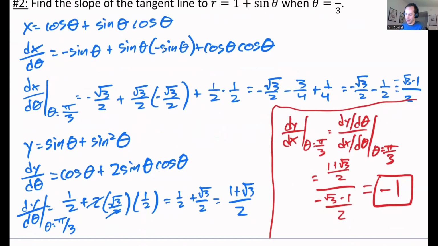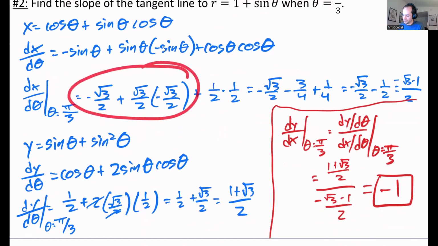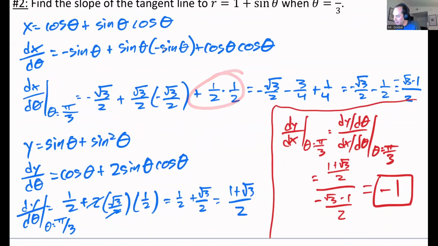And then we plug in pi over 3. Lots of unit circle. I combined some like terms here and ended up with negative root 3 minus 1 all over 2. The reason I combine the like terms is we can get a very nice clean answer if we simplify as we go along.